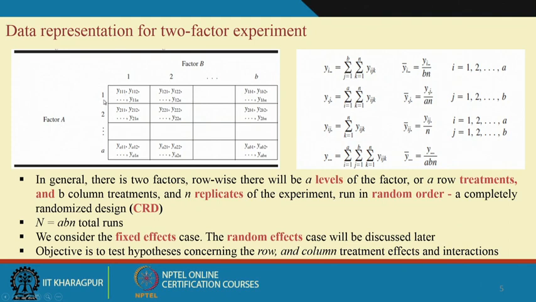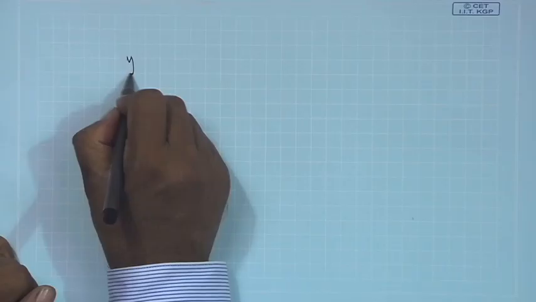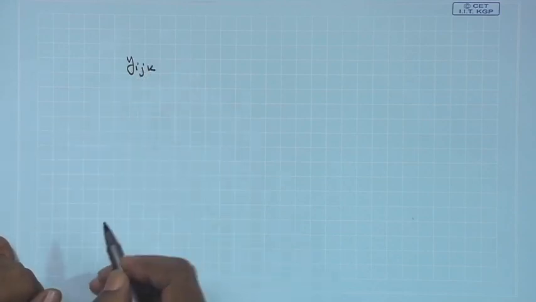So, A at level 1, B at level 1 is one treatment combination. Similarly, A at 1, B at 2, so there will be a b unique independent treatment combinations. Another interesting thing is that in each combination there are n experimental runs, n data available. As a result we index this data like this: y i j k.